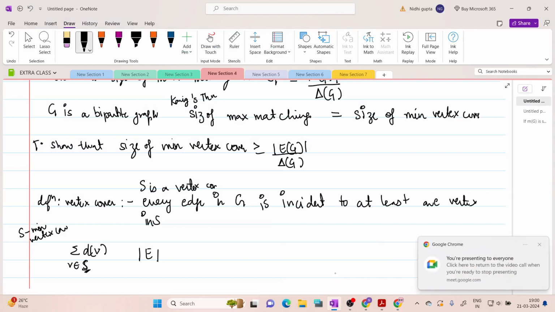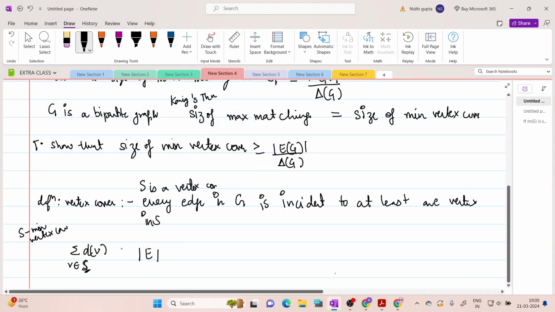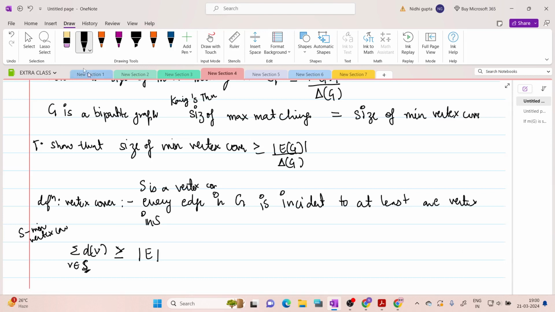Less than or equal to. Okay. Which is the smaller term among these? Sum of degrees, ma'am, is smaller than edges.